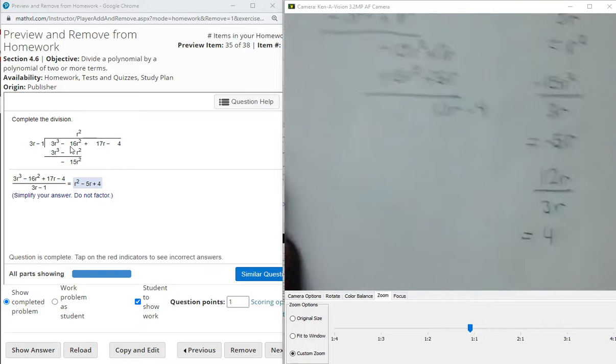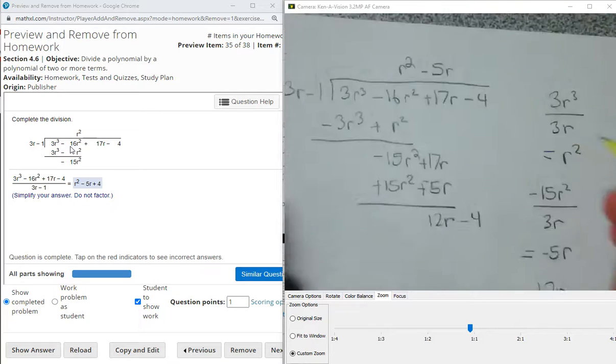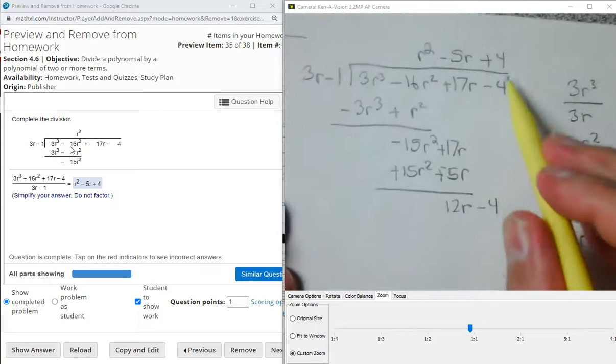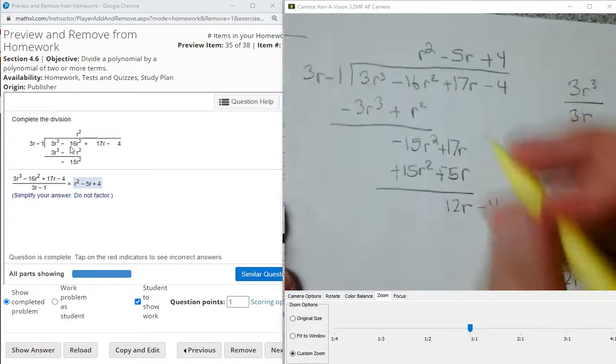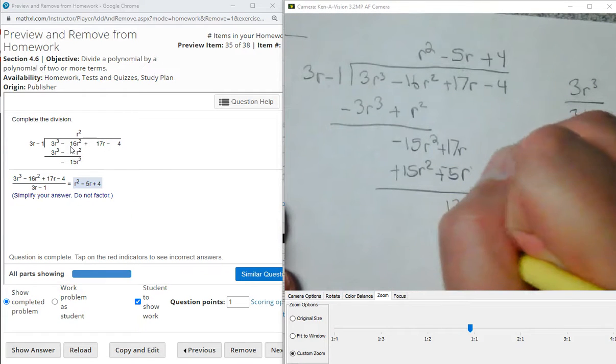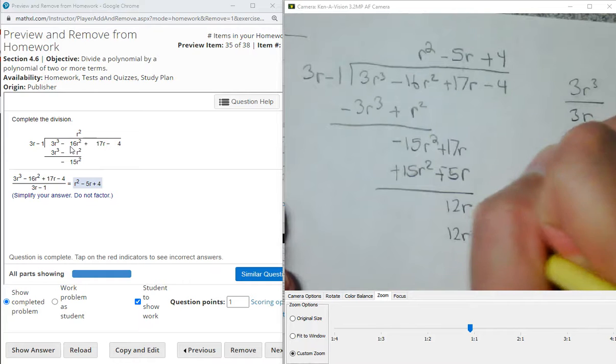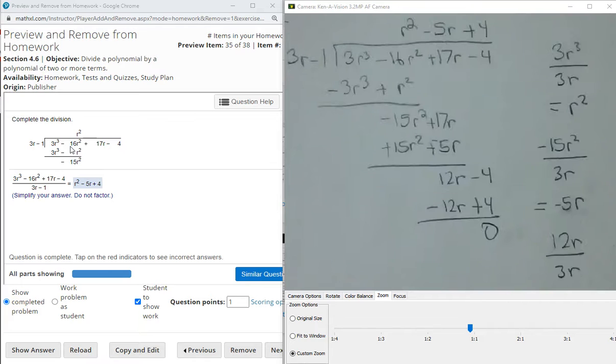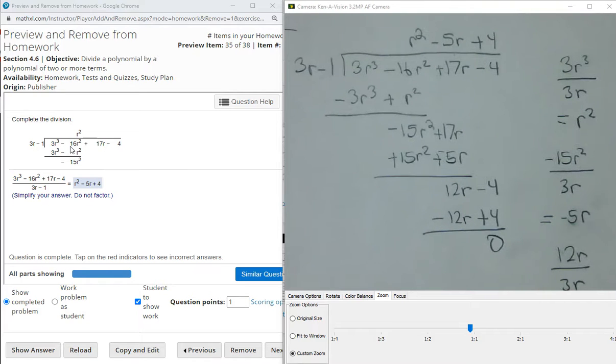The r's cancel out, so I'm left with 4. So this would be plus 4. Then I would multiply the 4 times the divisor, 4 times 3r minus 1, which is 12r minus 4. Change signs and add. And I got a remainder of 0 here. So that's how you would work this particular division problem.